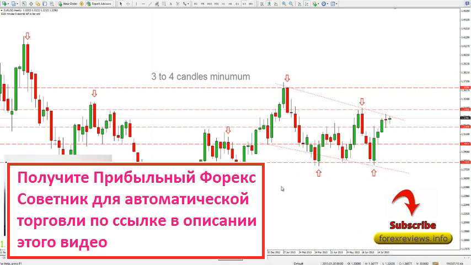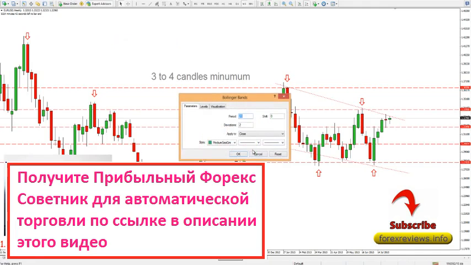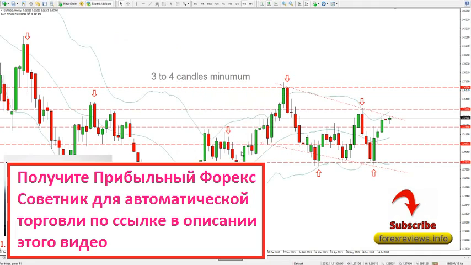And you're going to get wrong signals. But most of the time it's going to be correct. And if you follow the system of 3 or 4 candles, 4 being even better, you'll find that you're right most of the time. Now, let me just chuck in the extra confluences with Bollinger Bands. So you would have taken this signal, but you wouldn't have taken this one.